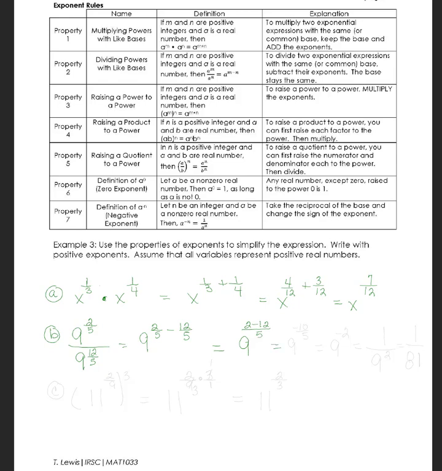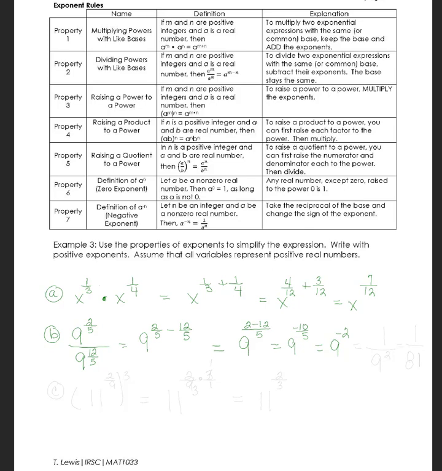So you're saying 9 to the 2 minus 12, which is negative 10 over 5. And as with all fractions, if it's an exponent or not, we need to reduce it. Negative 2.